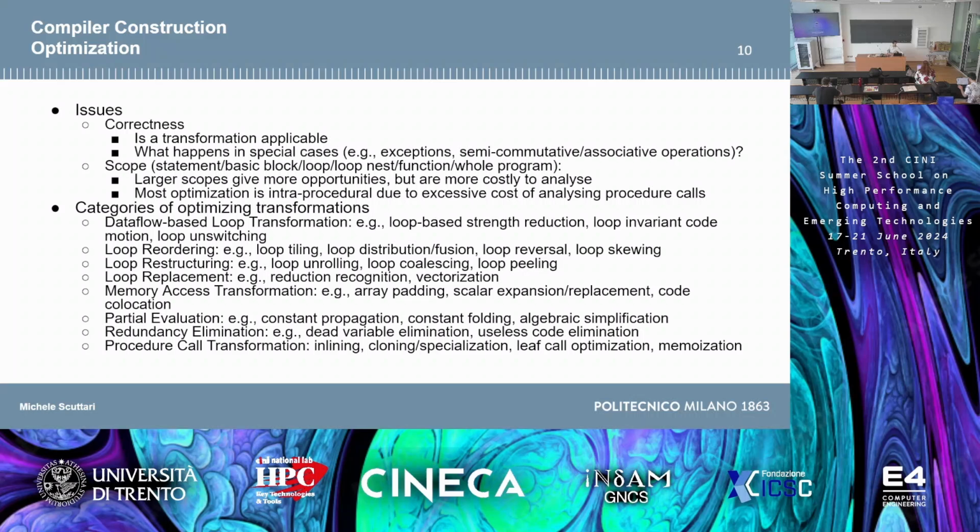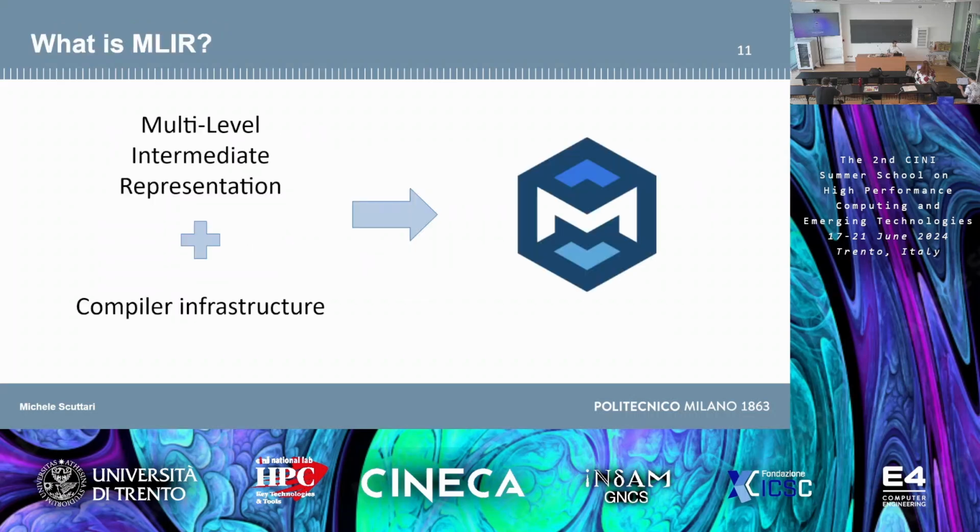Then there are some transformations that are more baseline and cover, let's say, the removal of unnecessary computation that can be generated by other transformations, such as removing code that is not reachable anymore, or performing the propagation of constants, simplification of algebraic operations, and so on.